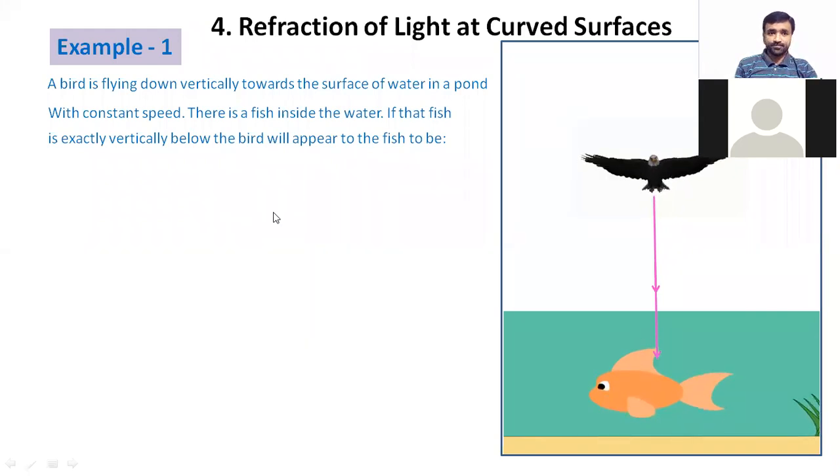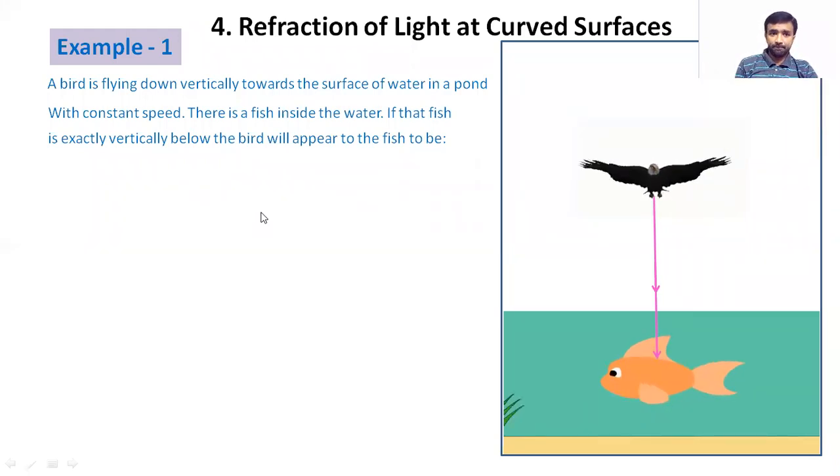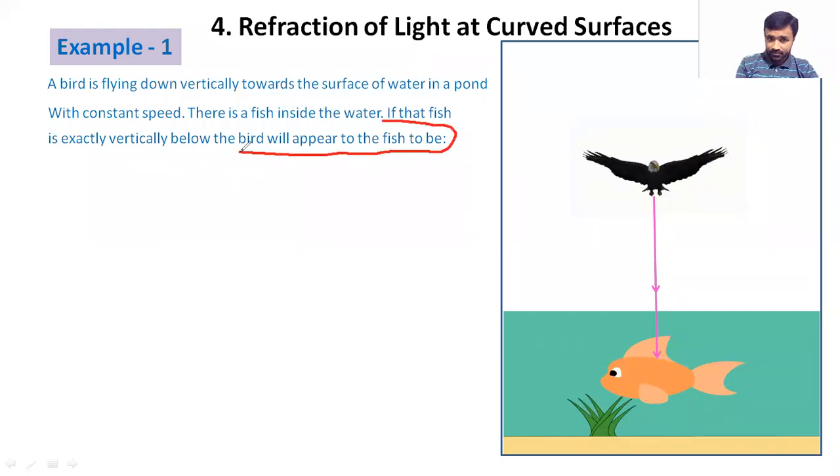According to the question, if that fish is exactly vertically below, the bird will appear to the fish to be, right? Just focus on this. The bird will appear to the fish to be. So which is the object?